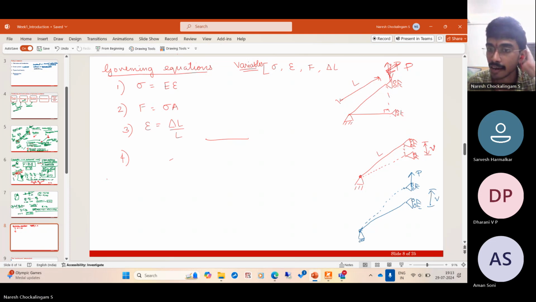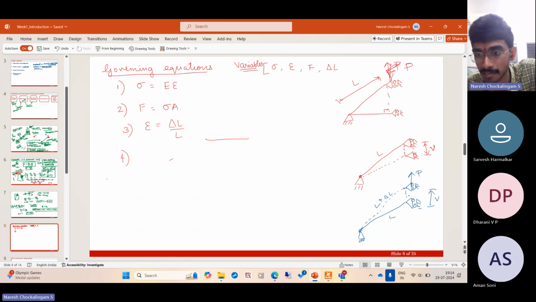This length originally is L. This length is L plus delta L. Now, in strength of materials or in linear structural analysis, there is an assumption that you project it onto this and then you take the change in length, and that can be related to V. V is the hypotenuse of this small triangle.